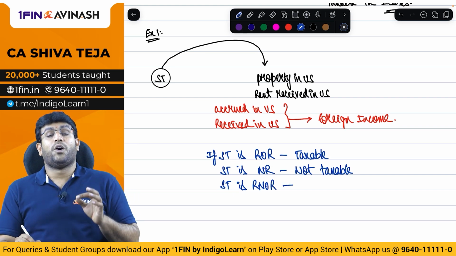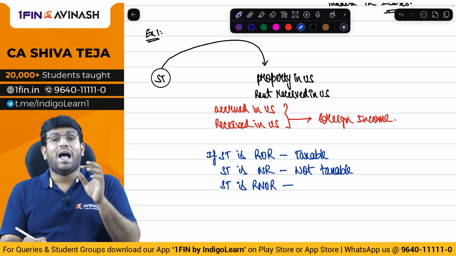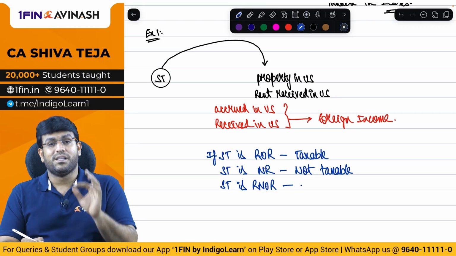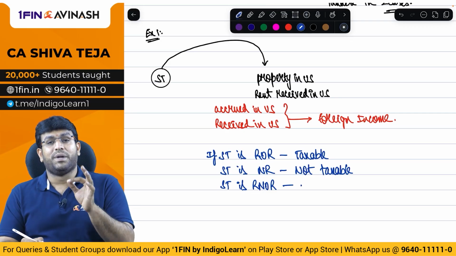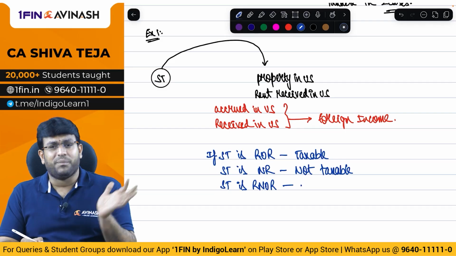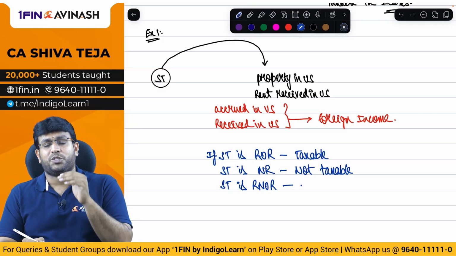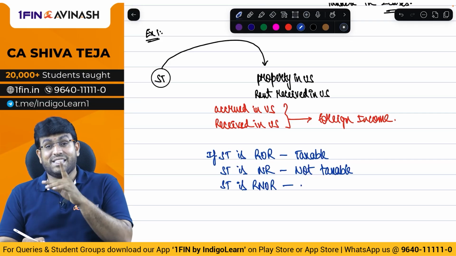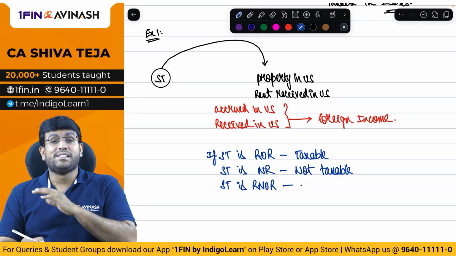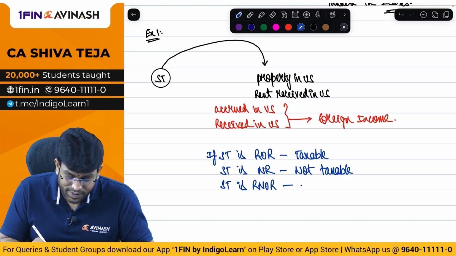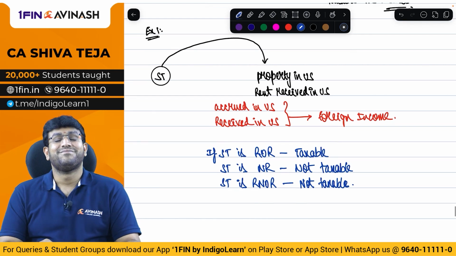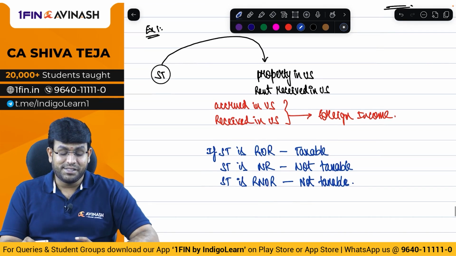If a person is RNOR, if it is foreign income, it is taxable only in two cases. Business income controlled from India, controlled wholly or partly from India for that matter, or profession set up in India. Now tell me, is this business income? No. Is this professional income? No. So my answer will be not taxable. Are we getting clarity? Excellent.